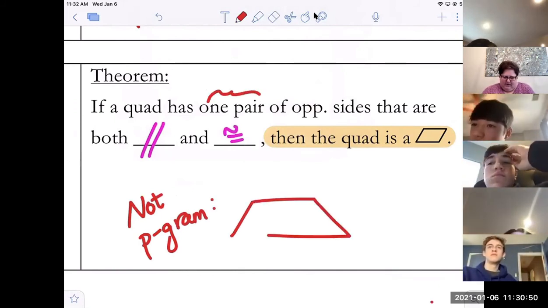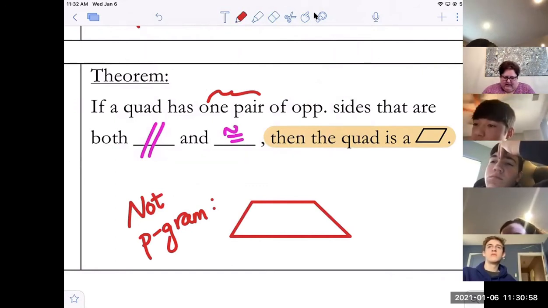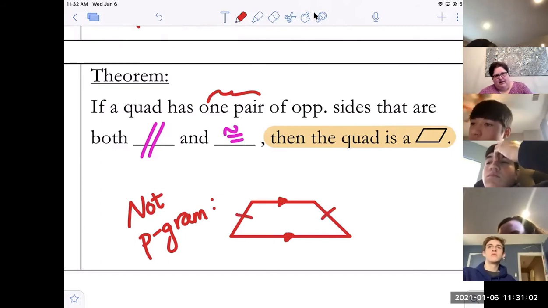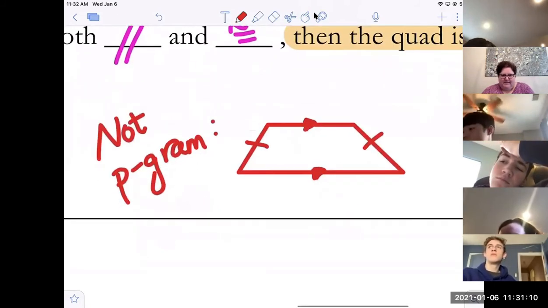If you don't say one pair, if you just say if a quad has opposite sides that are parallel and congruent, I might think you mean that. Okay, it's got to be one pair, the same pair of sides. Why is that not a parallelogram? That's a what?